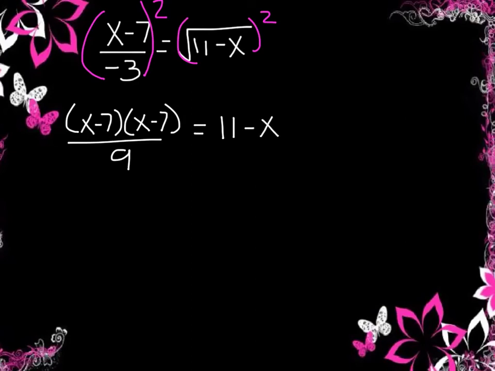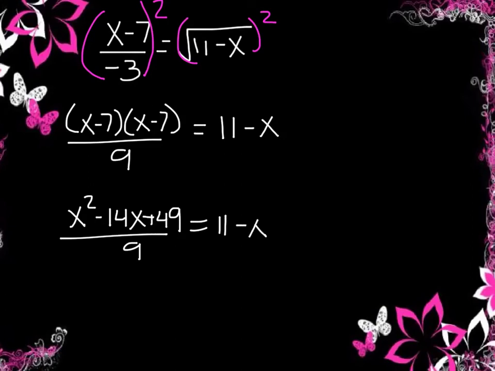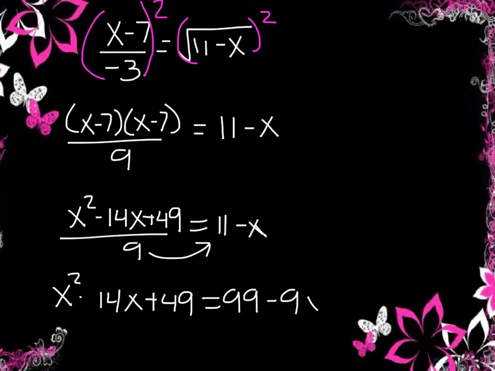So when I FOIL these on top, I get x squared minus 14x plus 49 all over 9 equals 11 minus x. Don't give up yet. I know it's not pretty. I'm going to multiply the other side by 9. X squared minus 14x plus 49 equals 99 minus 9x.